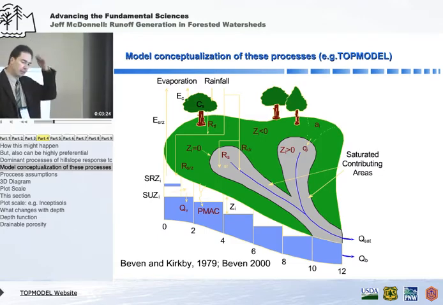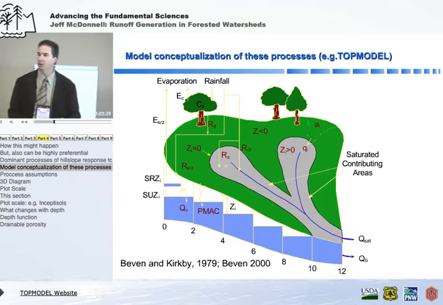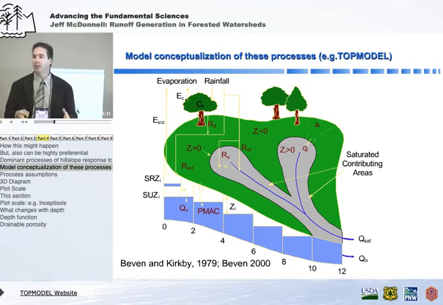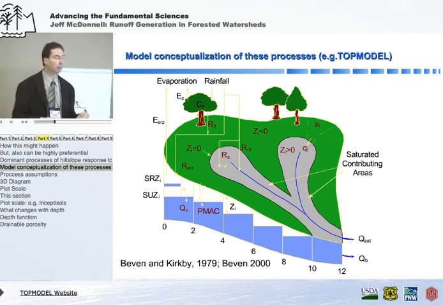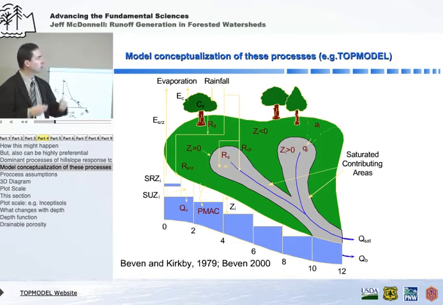Now, I mentioned that what made the variable source area theory great is the fact that it was formalized into a computer model called TOPMODEL. This is by far the most popular conceptual rainfall runoff model in forest hydrology out there.